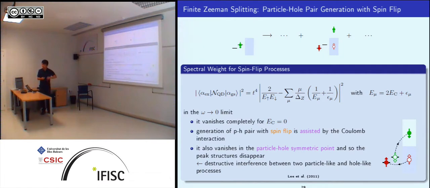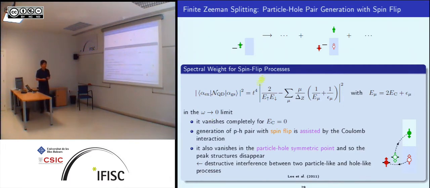By allowing spin fluctuation, we can increase the resistance, so by increasing the spin fluctuation, we can apply the Zeeman splitting here. And this spin fluctuation is assisted by the Coulomb interaction. Without Coulomb interaction, this process does not happen. It has zero spectral weight.